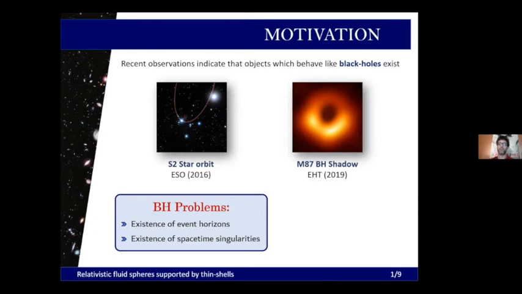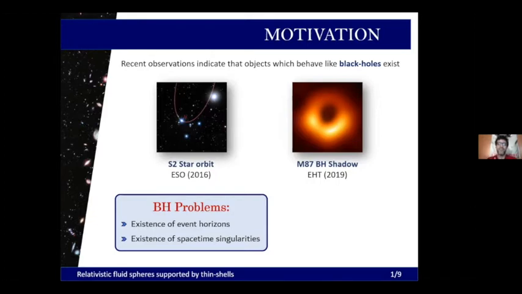And so these two features of black hole spacetimes are something that are not very well understood at the fundamental level. So they work mathematically, but when you try to make sense of what these things mean physically, sometimes we get very confused because we don't know exactly what this means, and we actually call it singularity.